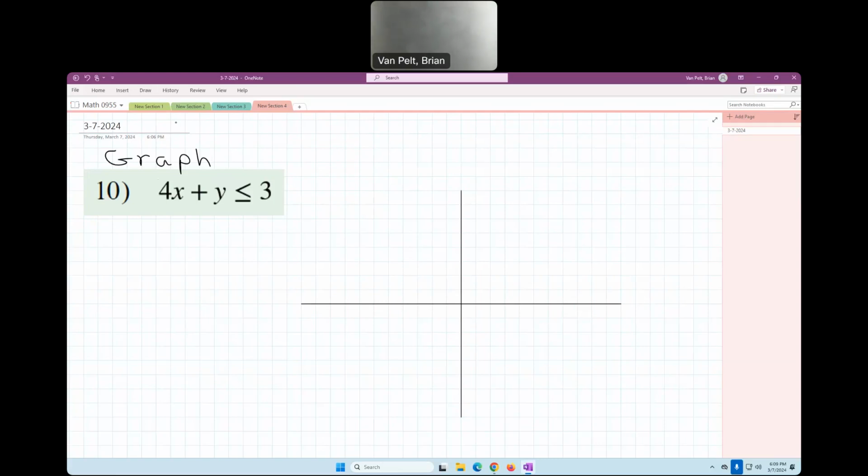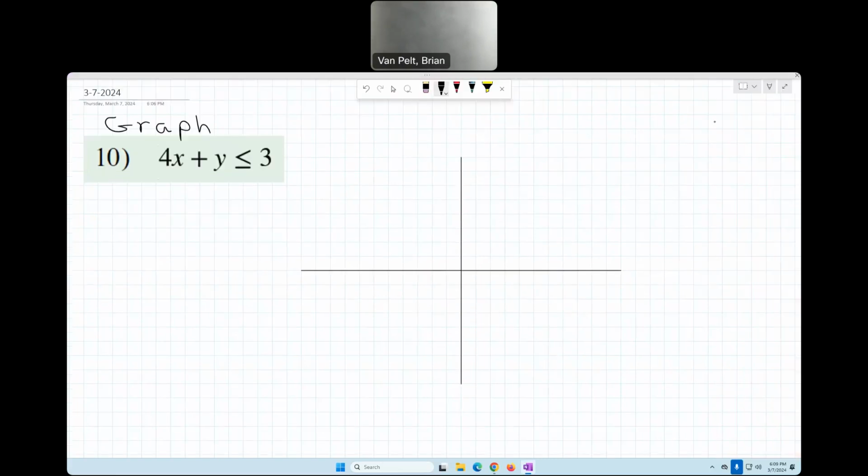Remember, you want to get it in slope intercept form. If I subtract 4x from each side, I can't combine it with that. I have y is less than or equal to negative 4x plus 3. Can you graph that line?